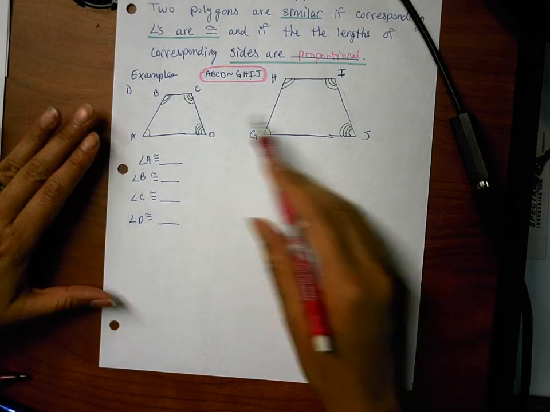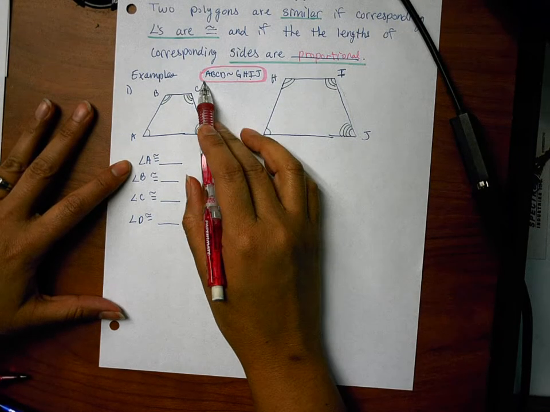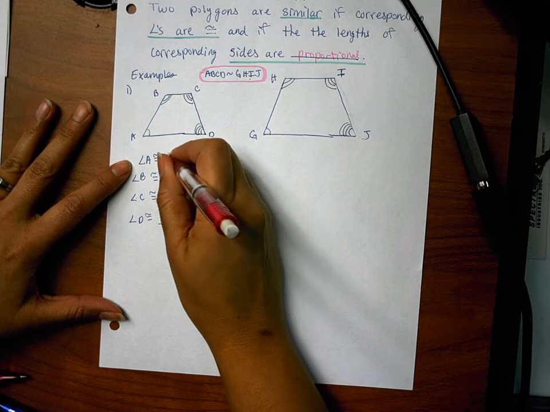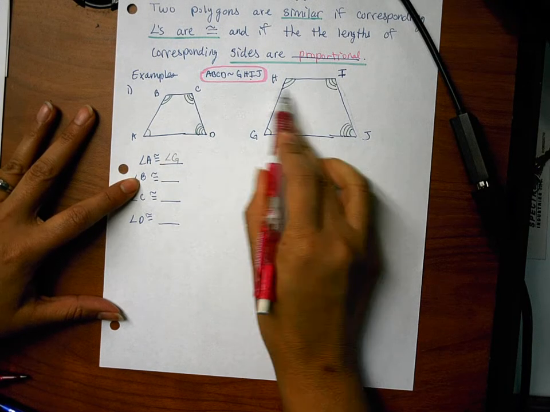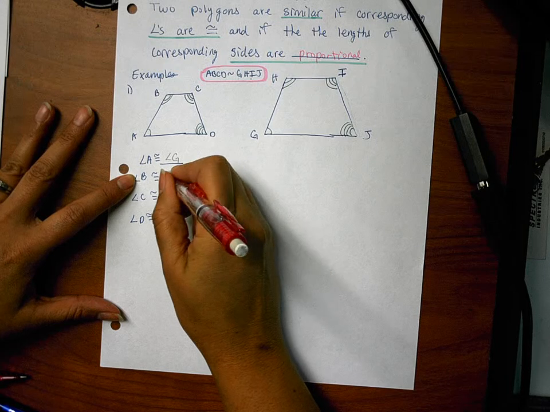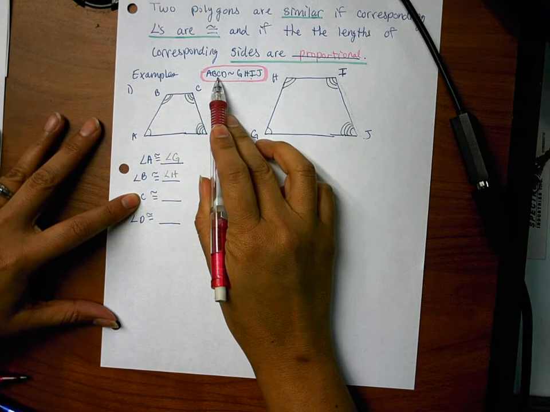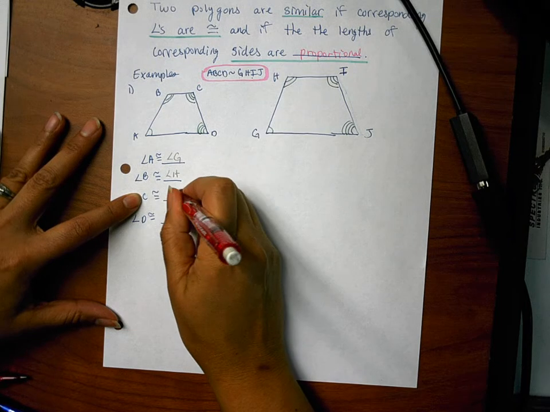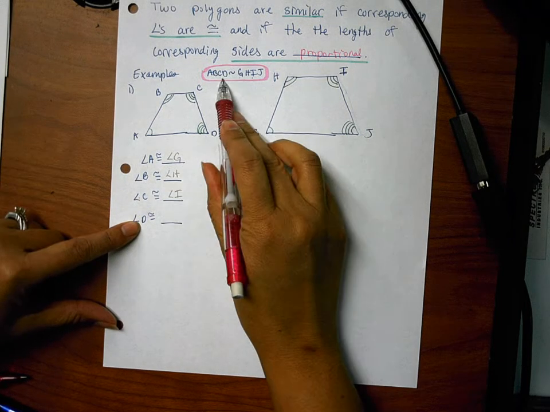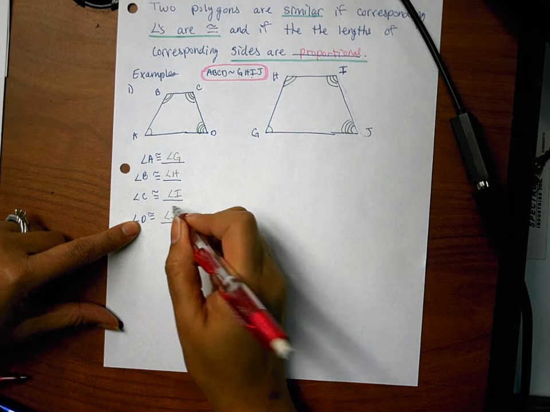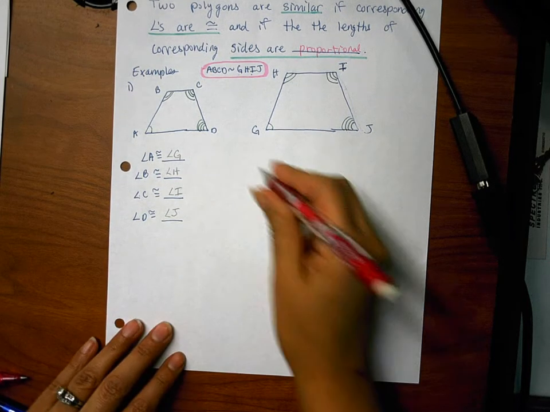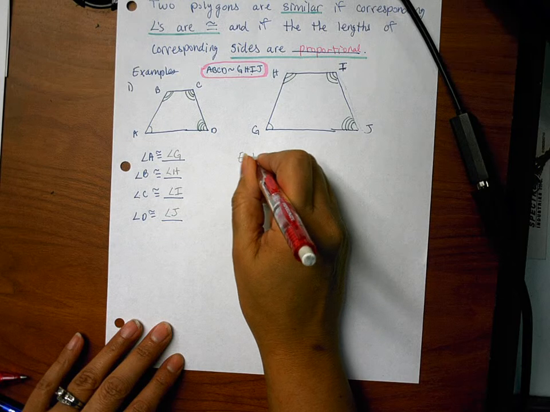All right, even if I didn't have this picture, I can just use the statement A to G just like I did earlier. Congruent to G, B to H, so angle H. C is congruent to I, and D with J.